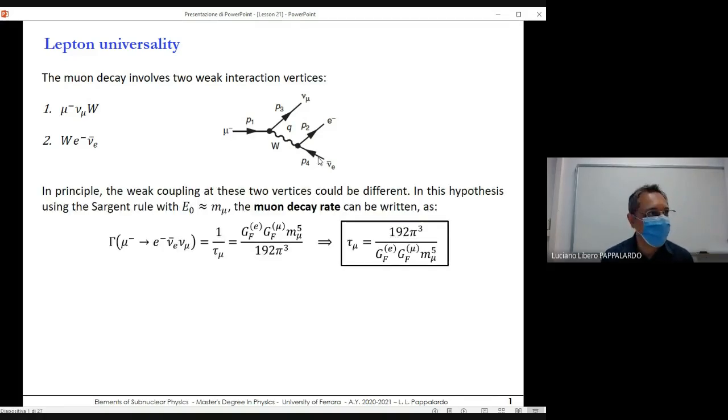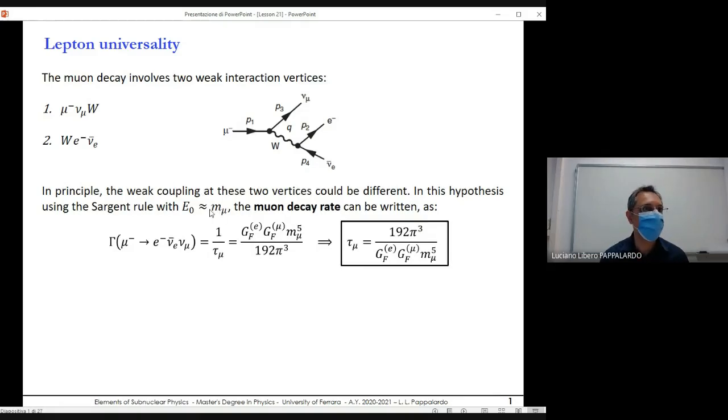Now, in principle, so staying general, there is no reason to assume that the couplings of these two vertices have to be equal. Okay, so let's assume that they are different. And so we can write down now the decay rate for the muon decay by making use of the Sargent relation that tells us that this decay width, or the inverse of the decay time, has to be proportional to the fifth power of the energy available in the decay, which in this case is just the mass of the muon.